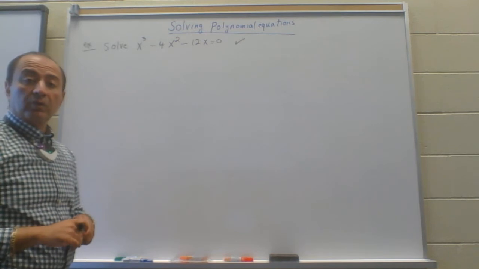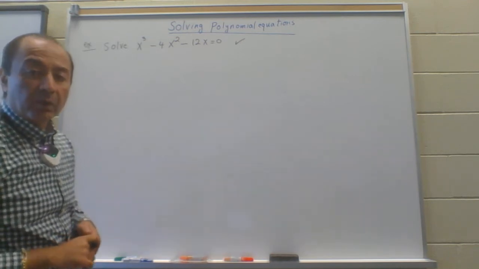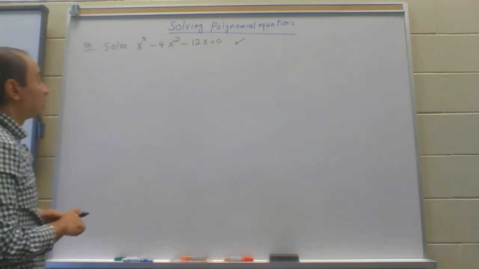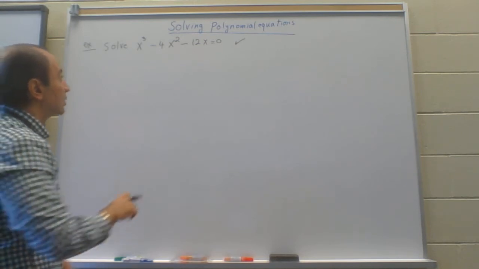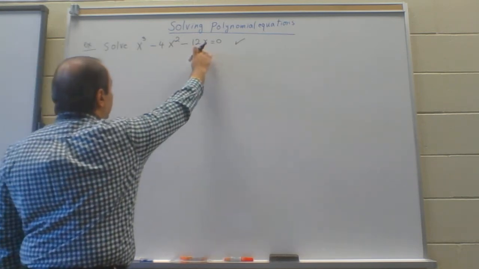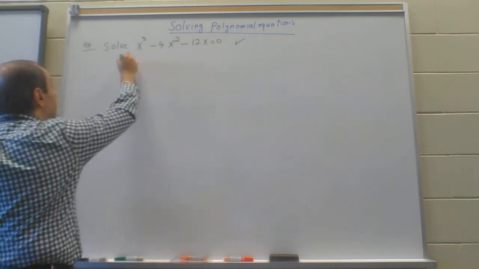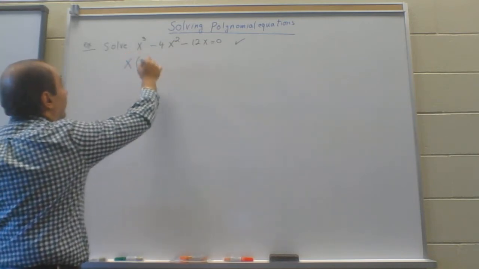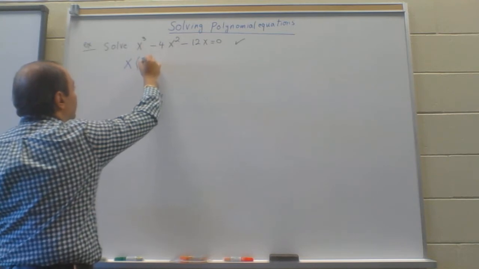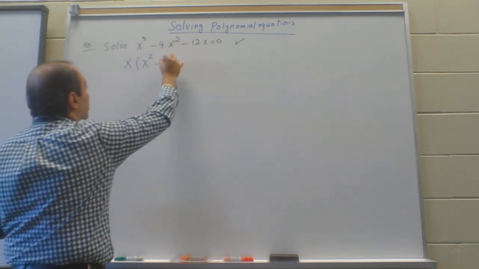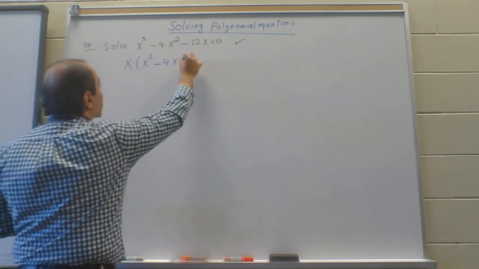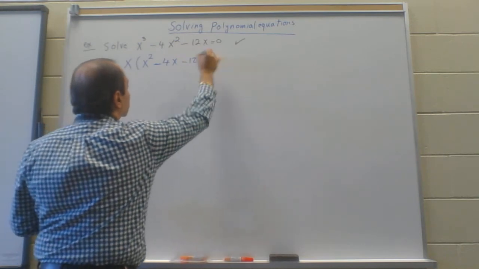So, as I told you before, the first step of any factoring is to look for common factors. It is very clear that x is common in all of these. So I will factor x out, and what will be left inside is x squared minus 4x minus 12 equals 0.